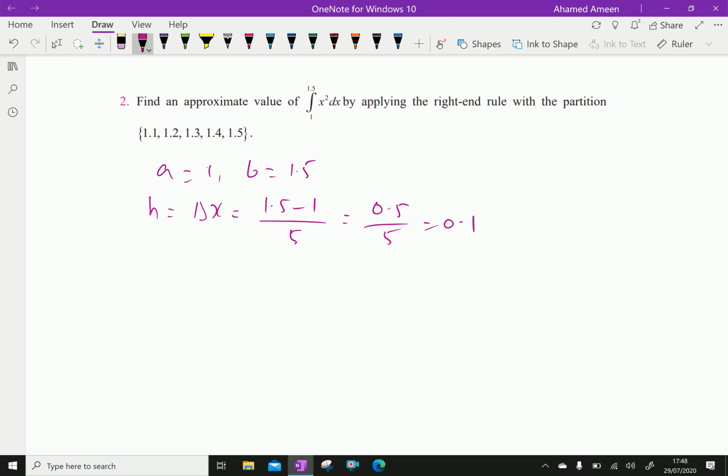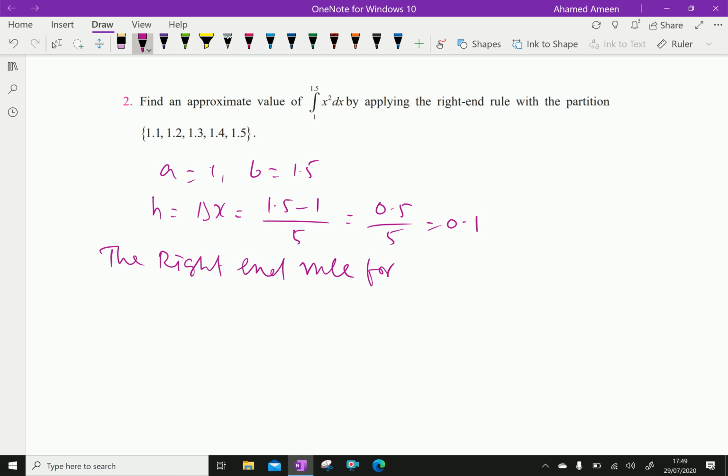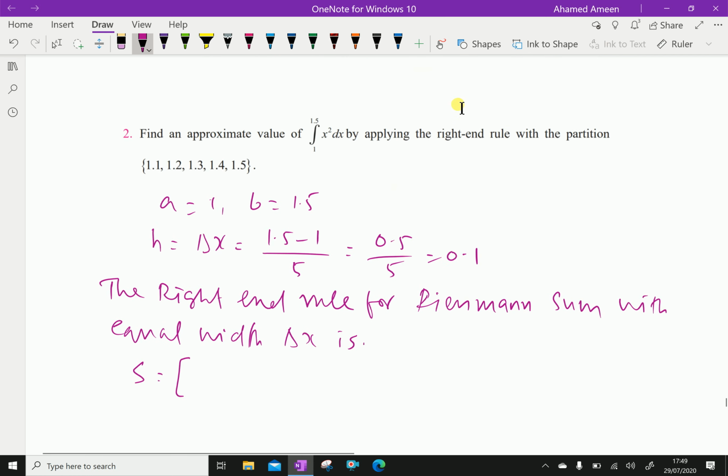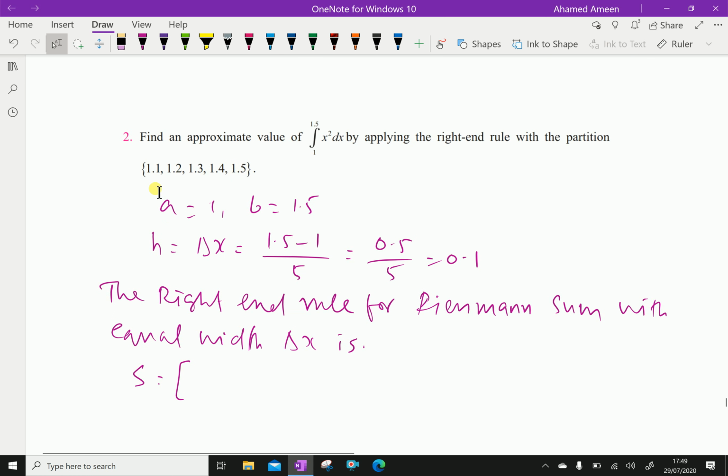The right hand rule for Riemann sum with equal width delta x: here we have to take the right hand rule, which means we do not start with 1, we start with 1.1.